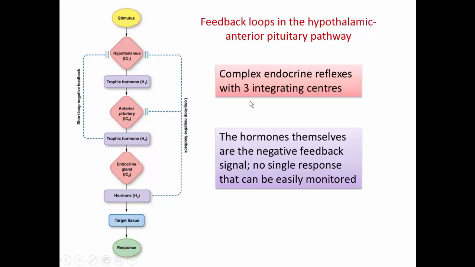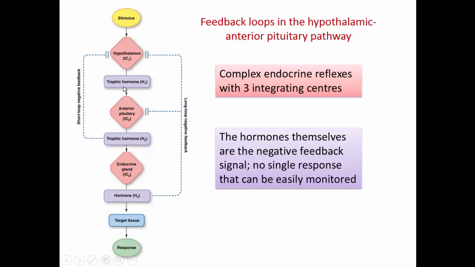We've looked at simple endocrine reflexes. Now we'll take a look at complex endocrine reflexes. And in this case, we have three integrating centres shown here, here and here. So the hypothalamus, the anterior pituitary and the endocrine gland are all integrating centres. So we start off with a stimulus that targets the hypothalamus.